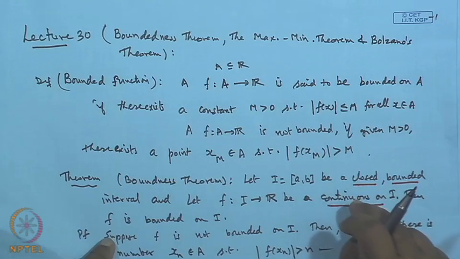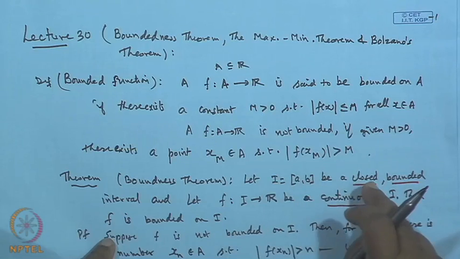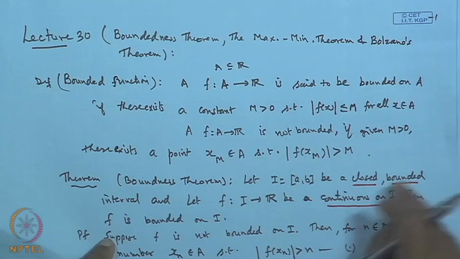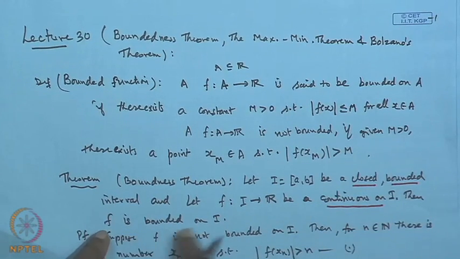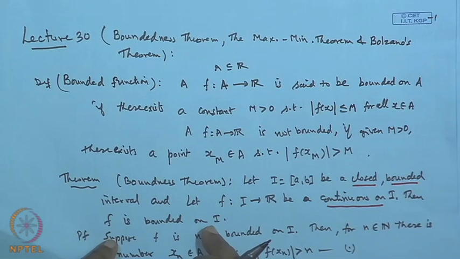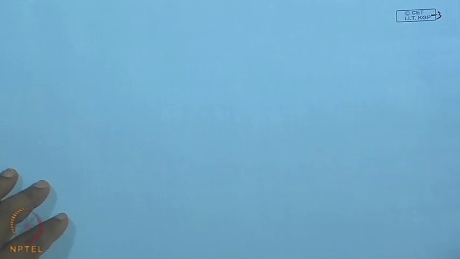If any one of the conditions is relaxed, that is, if we take I to be simply bounded, not closed, or simply closed, not bounded, or the function is not continuous, then our conclusion that f is bounded on I cannot be drawn. In fact, we will get examples where the function is unbounded when we relax any one of the conditions. So, let us see the examples.